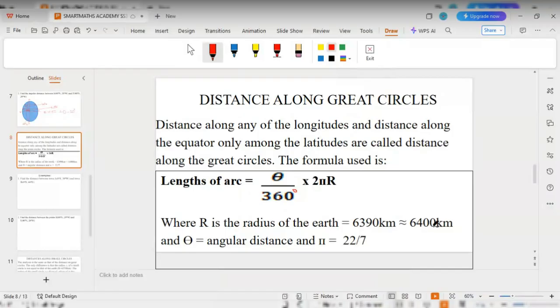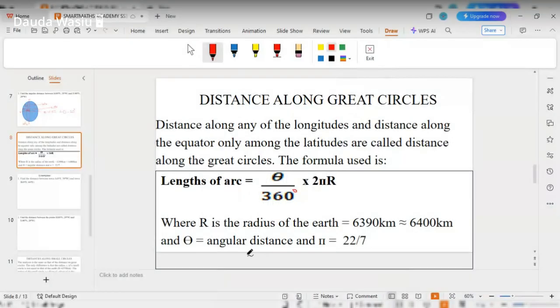It's this 6,400 kilometers that is normally given in any question. Theta is the angular difference, and pi equals 22 over 7.